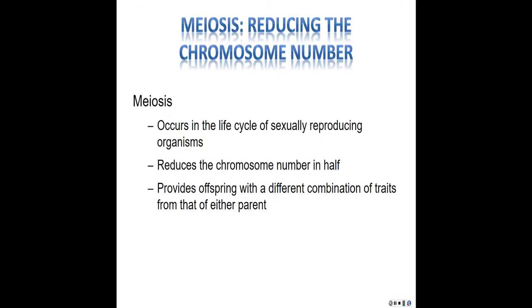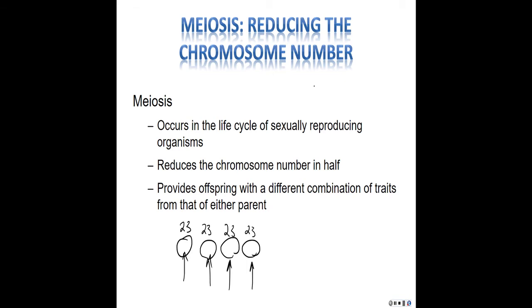Meiosis, as we said, occurs in the life cycle only of sexually reproducing organisms, and the goal of meiosis is to create 4 cells instead of 2 cells, 4 cells that are as genetically different from each other as possible. Each of these cells has only one set of chromosomes. So in humans, these cells will each have 23 chromosomes instead of 46.